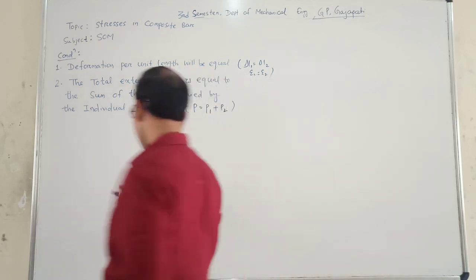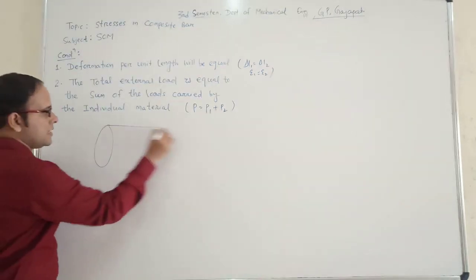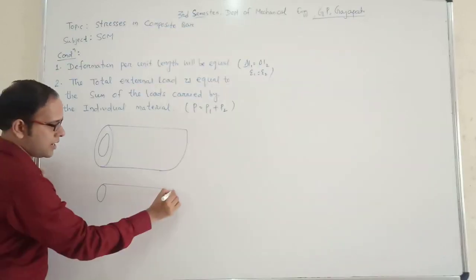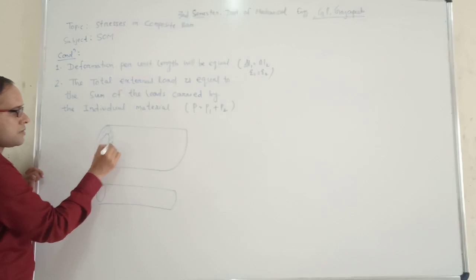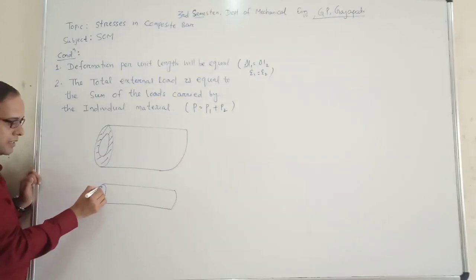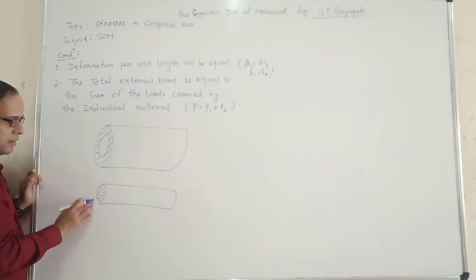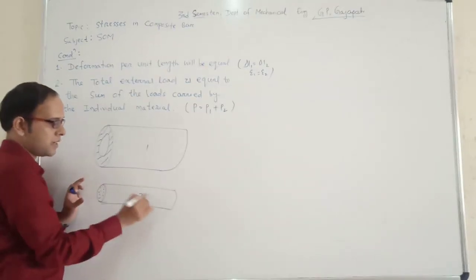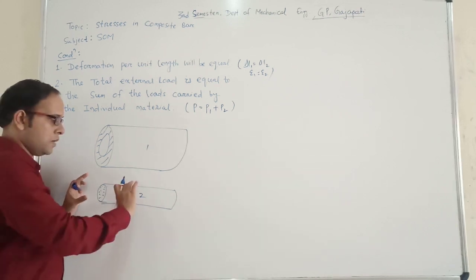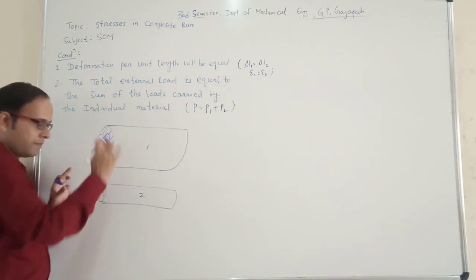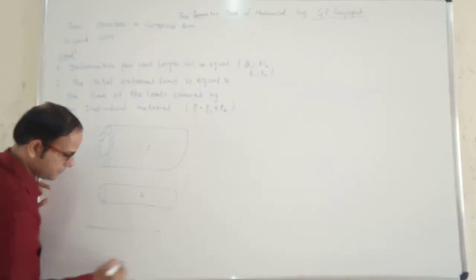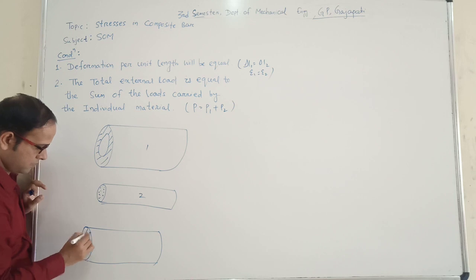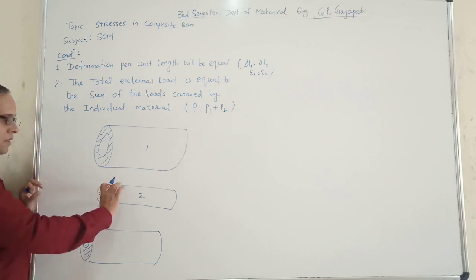How do we make it? Suppose there is a hollow cylinder, and I have another cylinder. One is made of one material and the other of another material. Now I will join these two. This is cylinder number 1 and this is cylinder number 2. I put this cylinder inside the other.